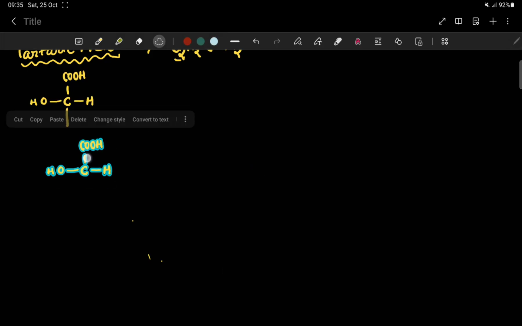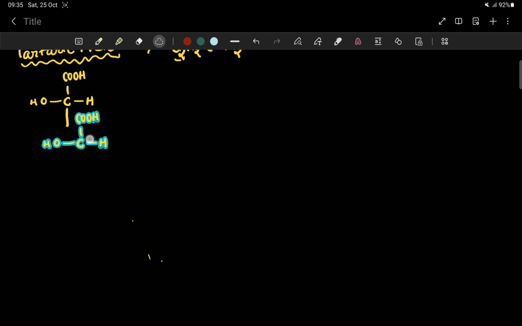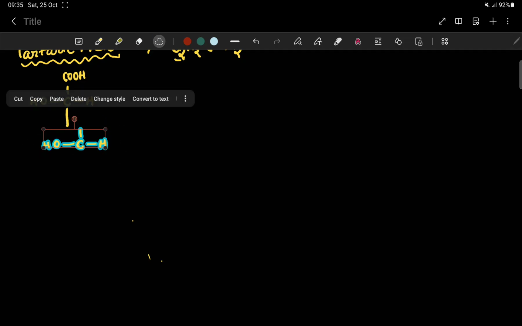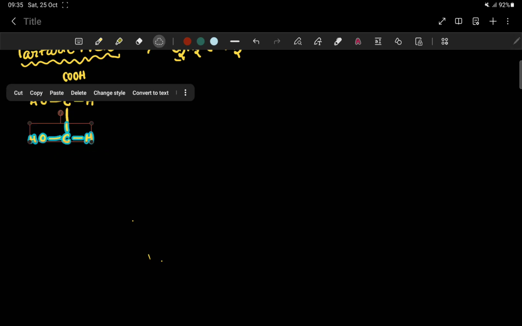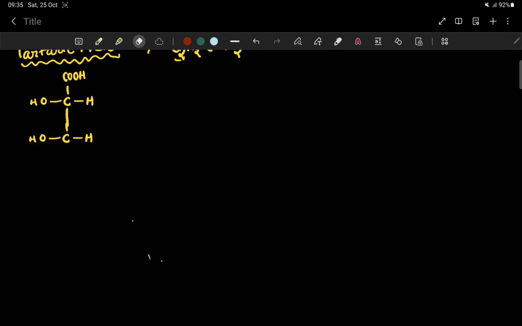Okay, fine. I am just writing it and would remove it as well. Okay, this is one form, and I'm adding this OH over here, COOH, and this will turn to be on opposite sides. So this turns to be our OH and this is our H. So this is one form.